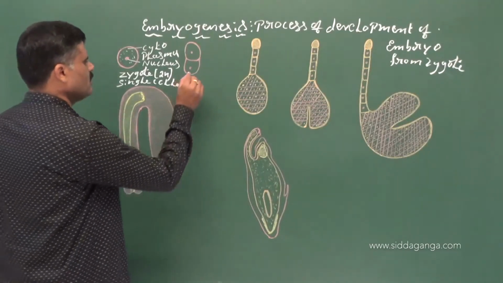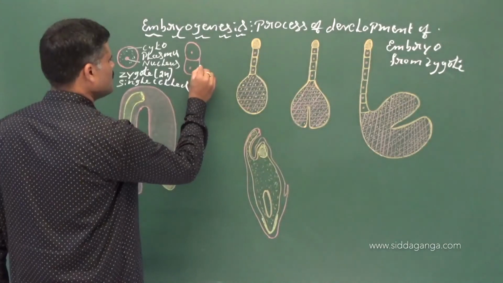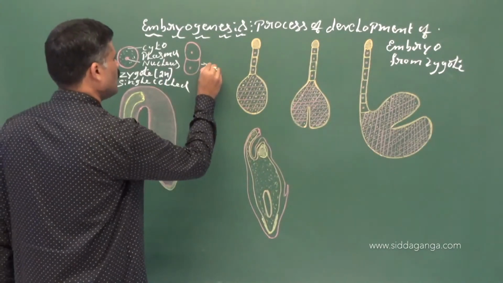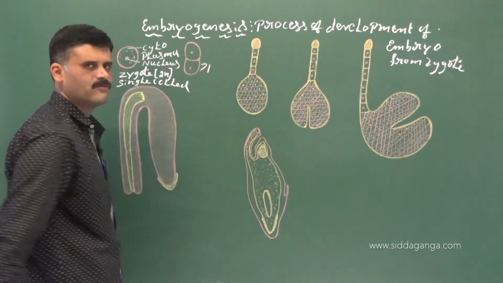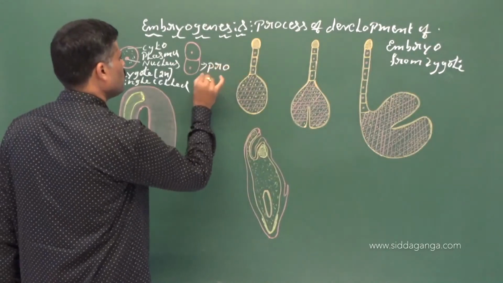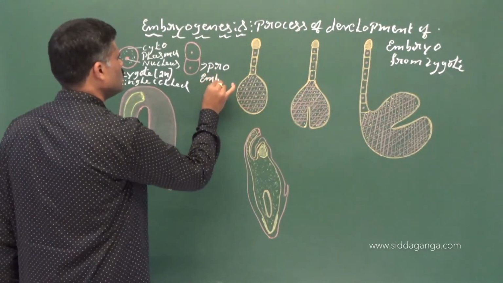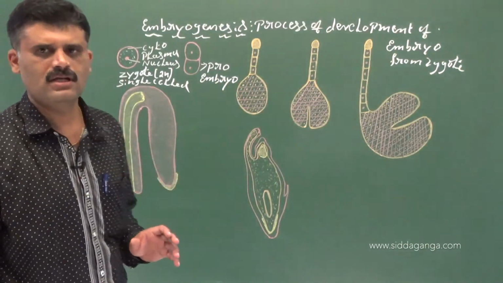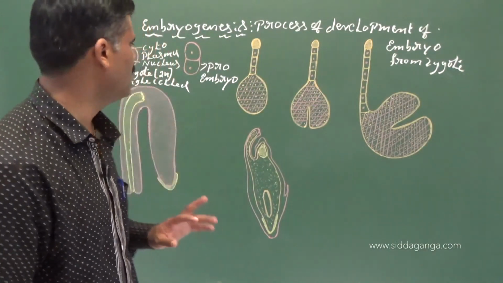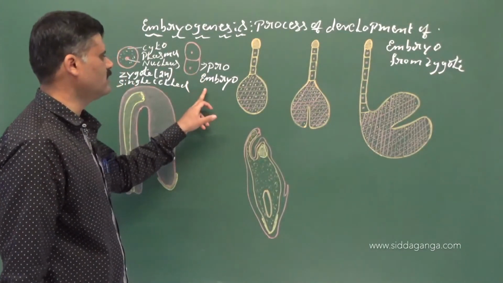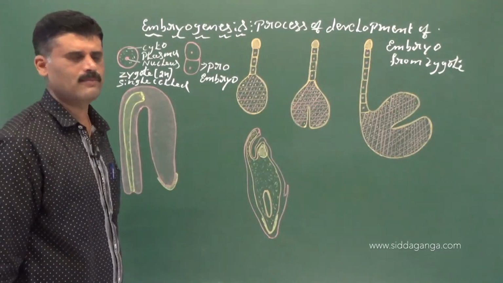The first mitotic division leads to formation of the primitive embryo or first embryo, which is made up of a two cell structure called the proembryo. When the zygote divides mitotically, it gives rise to two cells, and the two celled embryo is called the proembryo.